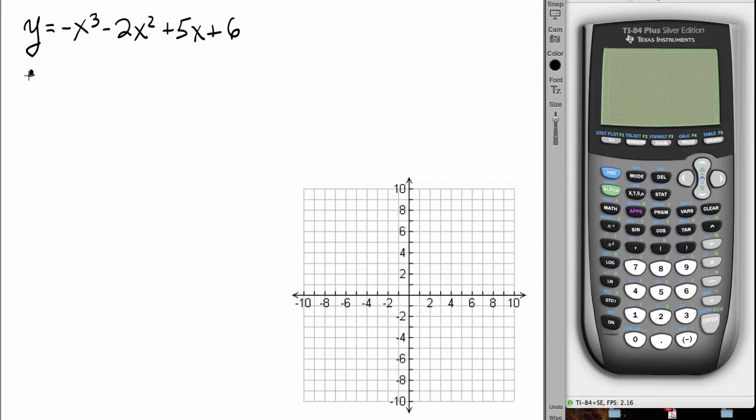Now, there are three features that we're going to analyze. One of the features is referred to as end behavior, and we've discussed that in a previous video.